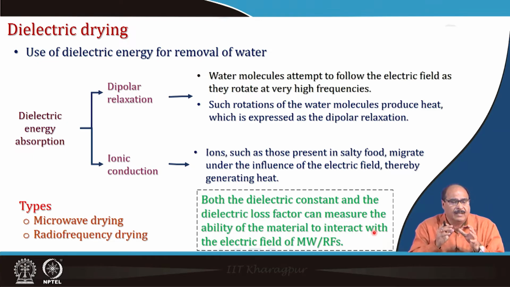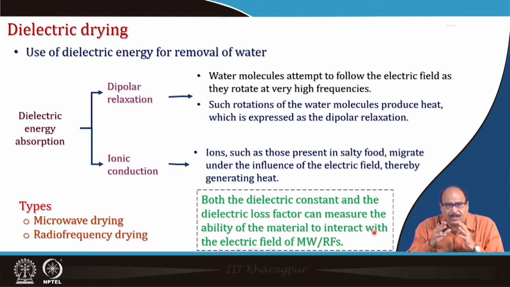Also, there is another method used, dielectric drying. The dielectric drying is used, as I told you in the beginning, because these fruits and vegetables contain heat sensitive components, bioactives, etc., which can be degraded, their quality can be degraded, if excessively high temperature is used in the drying.